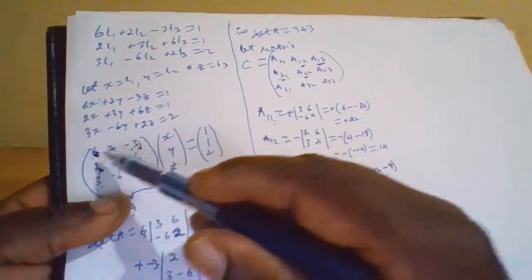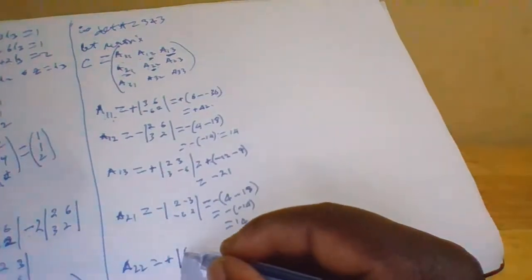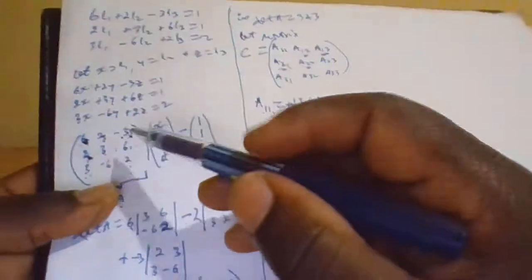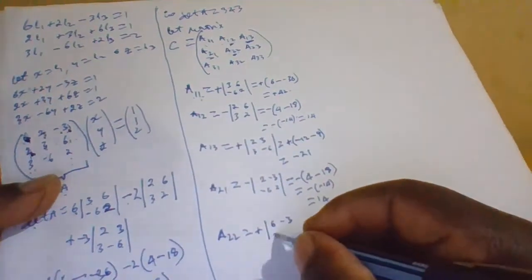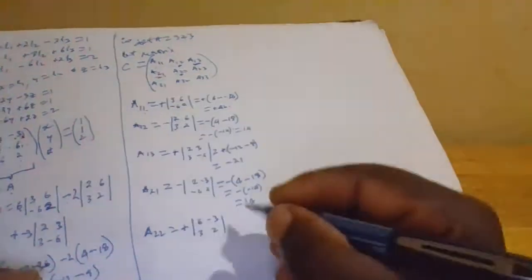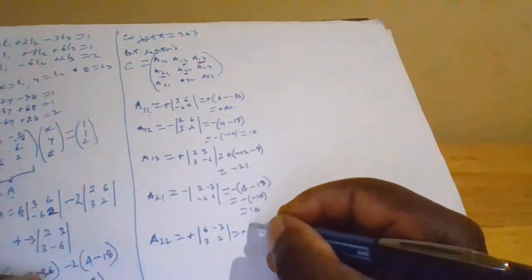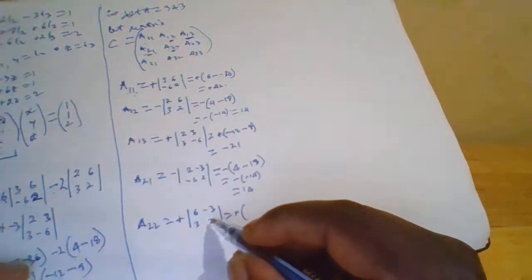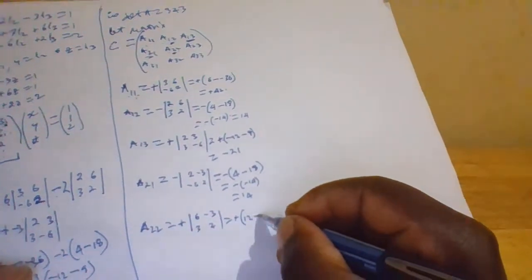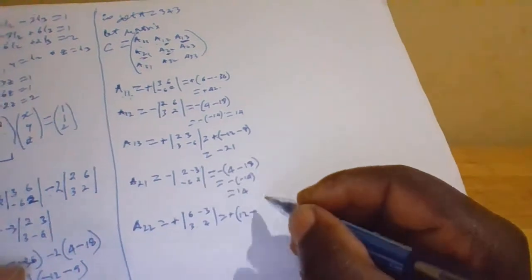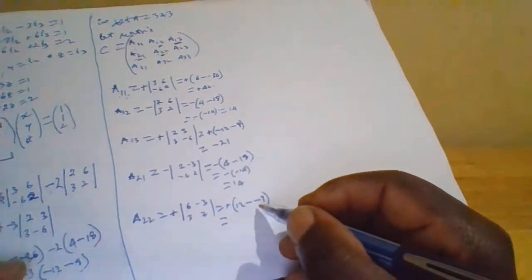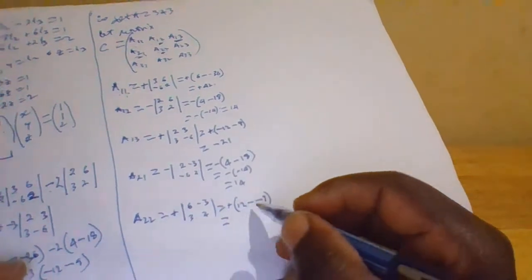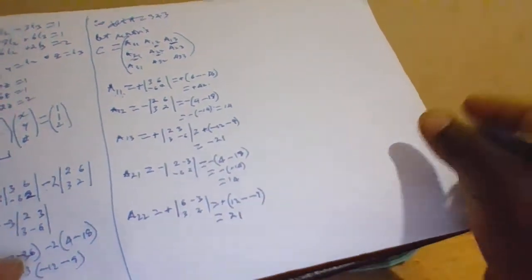So we have 6, negative 3, then we have 3, 2. So this equals plus, into 6 times 2, we have 12, minus 3 times negative 3, minus 9. This will be 21.